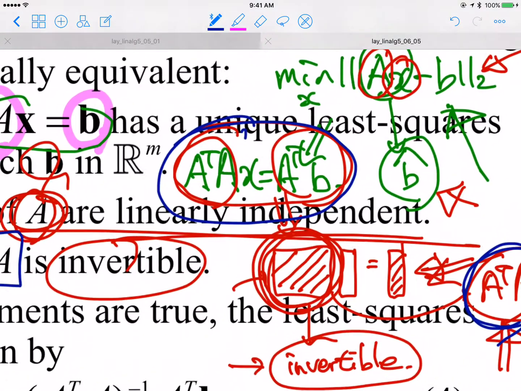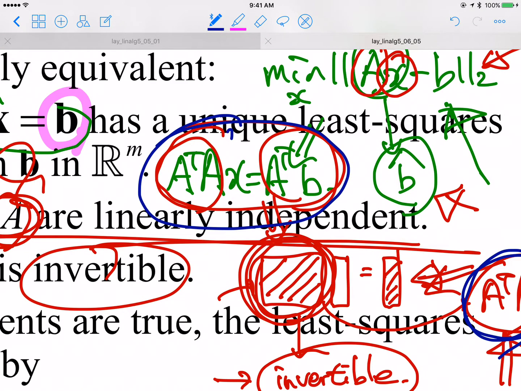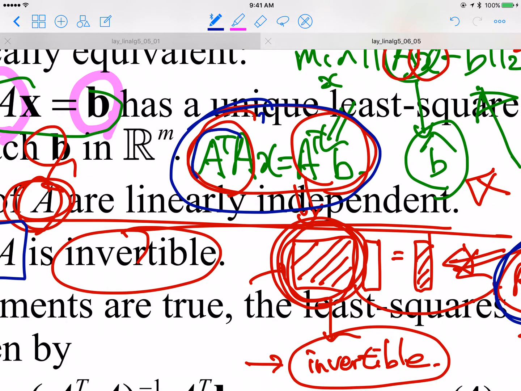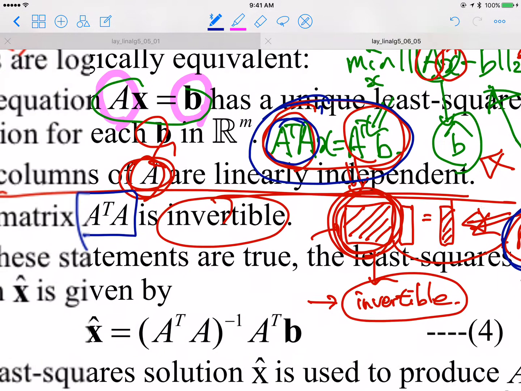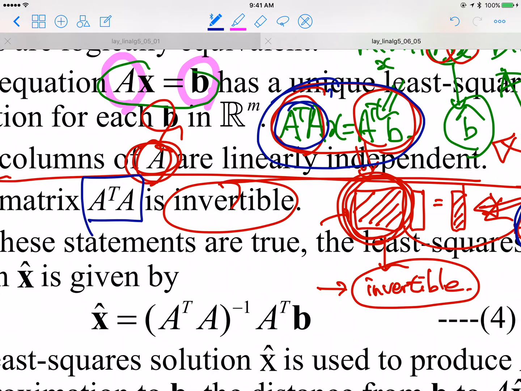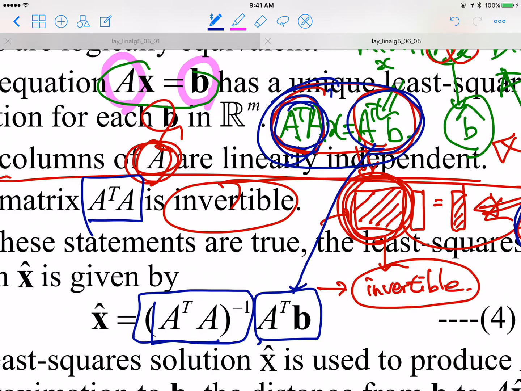So A transpose A x equals A transpose b, and because this part is invertible, we can simply compute its inverse times the new b part, which came from here. Okay, so this will be your least squares solution.